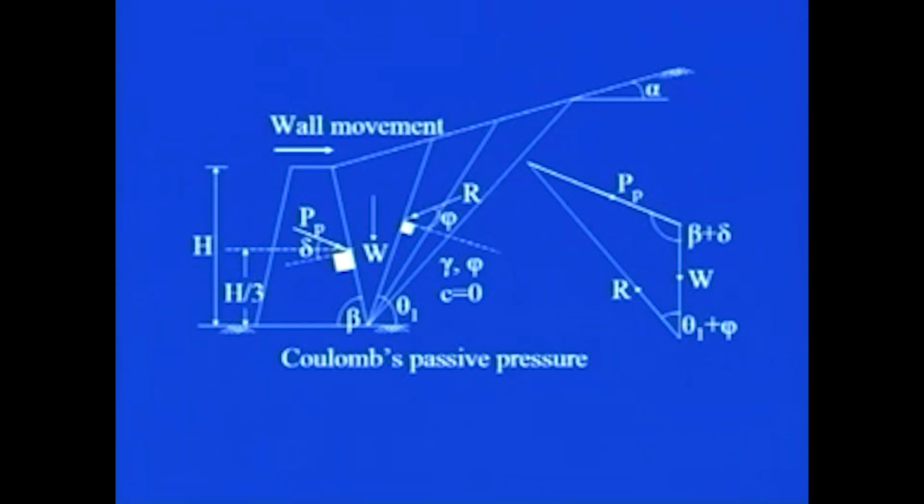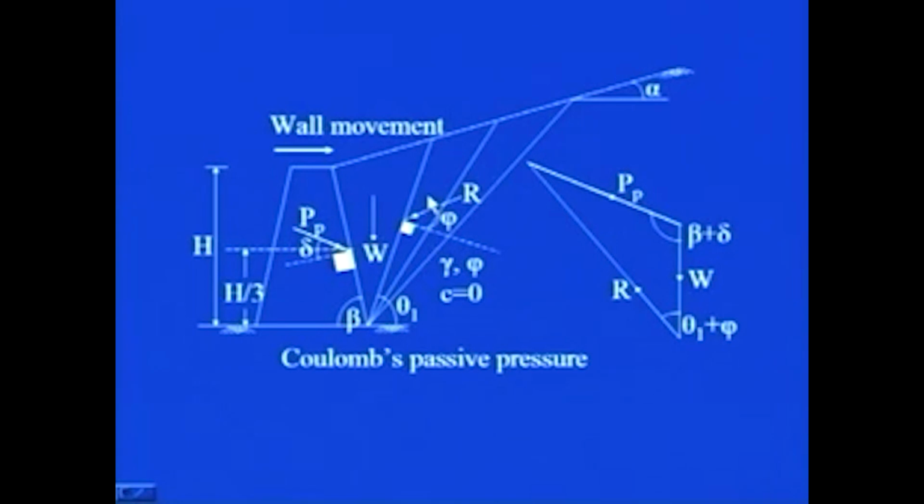See, again as it was in the case of active pressure, in this case also we do not have the magnitude of this resultant. We can just estimate the magnitude of this weight W, but we know the angle subtended between W and PP, that is beta plus delta.